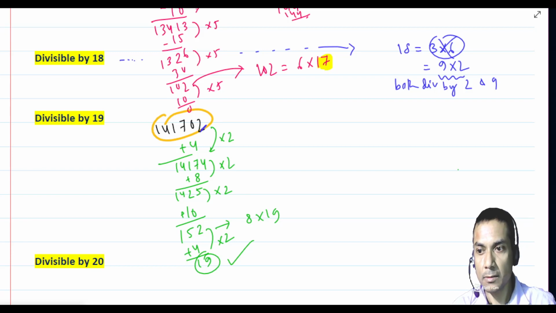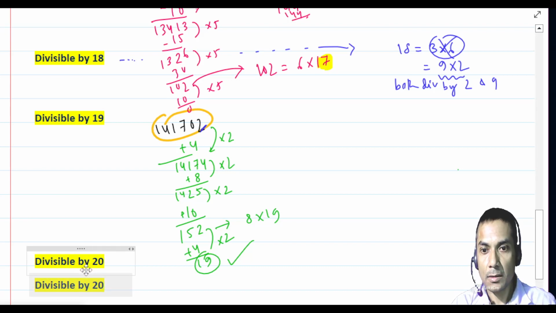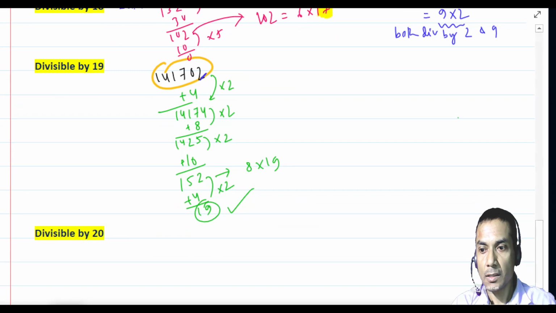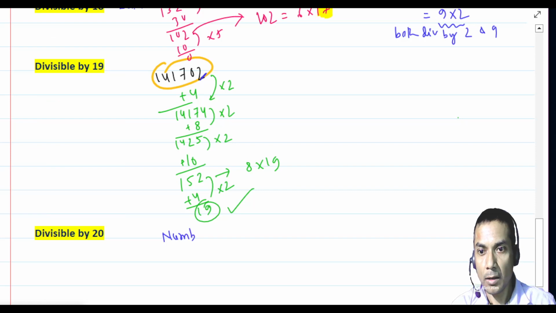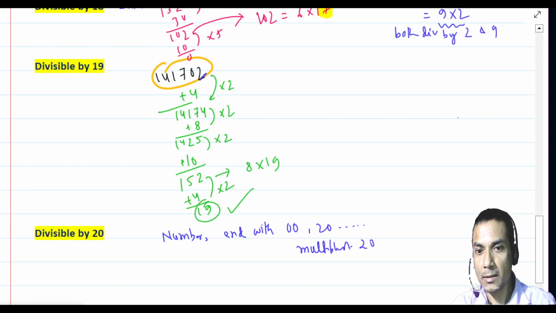Number 19 is done. Next is 20. What about 20? If the last digits of the number end with 00 or a multiple of 20, then you can say that the number is divisible by 20.